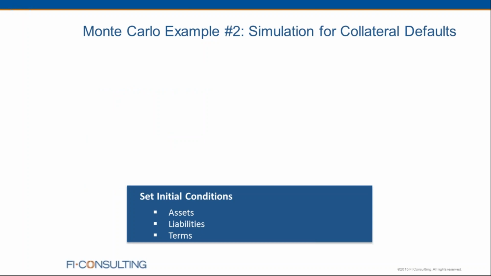Let's give a somewhat more specific example of what I call simulation for collateral defaults. What I have in mind here is structured products: RMBS, CMBS, CDOs, CLOs, which I've been working on more recently. An SPV for a structured product is a lot like a balance sheet of a company, right? You have assets on the left-hand side, and that's what I call collateral here.